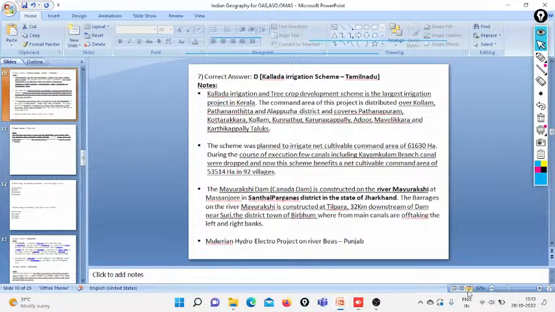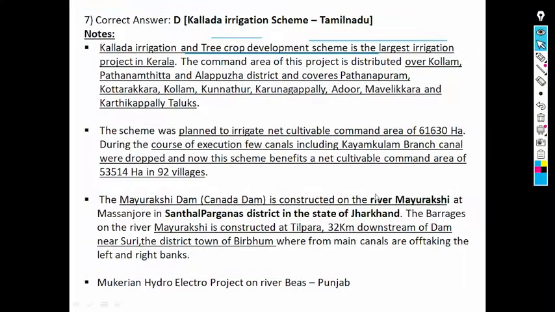So for the Mayurkasi Dam, the dam is constructed on the river Mayurkasi at Massanjore, Santhal Pargana district in the state of Jharkhand.